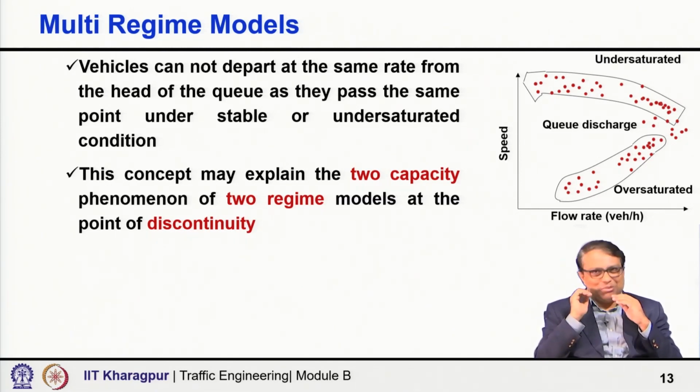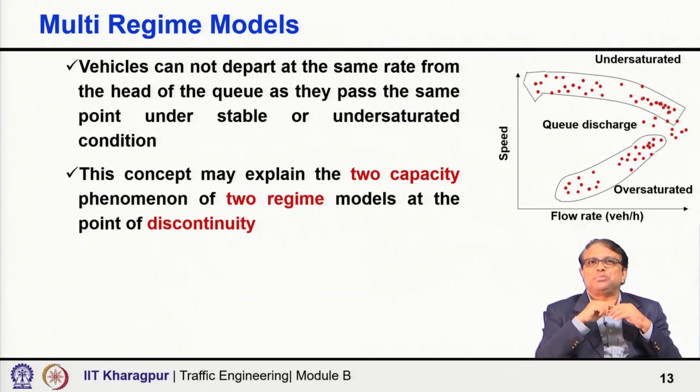That means, if the demand is equivalent to the capacity of a 2 lane road, then the discharge will be actually the 2 lane capacity, that value you will get. But the moment the demand is higher and the queue has formed, vehicles cannot really depart at the same rate from the head of the queue as they pass the same point under stable or undersaturated condition.